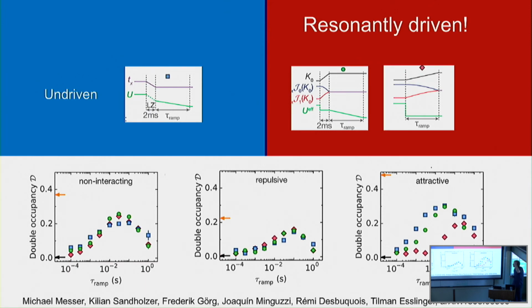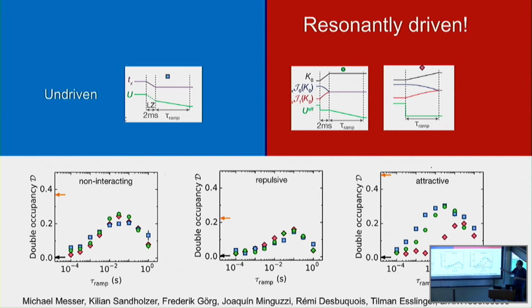And then we also looked at resonantly driven Hamiltonians. And there, in the experiment, we start in the Mott insulator, and then we change U to some final value in a ramp.